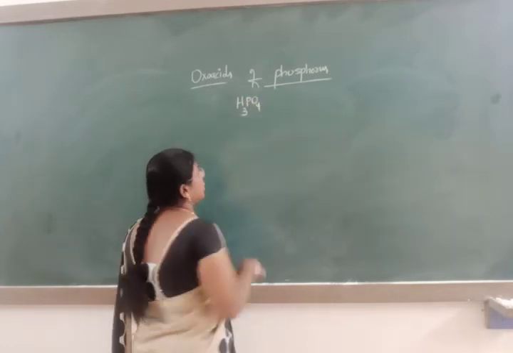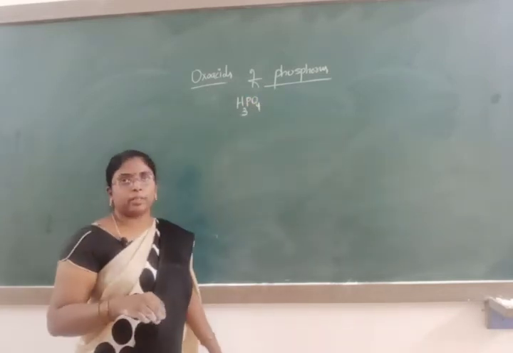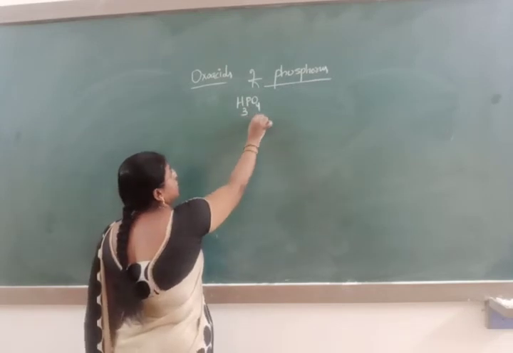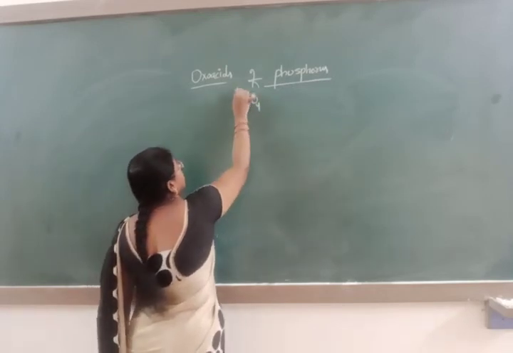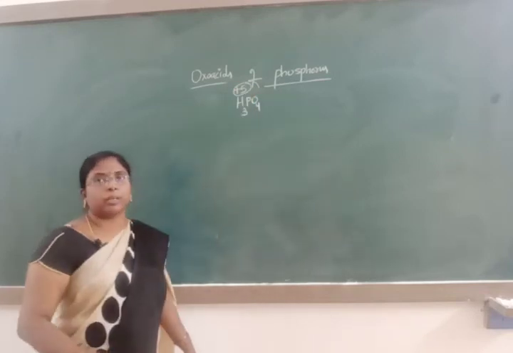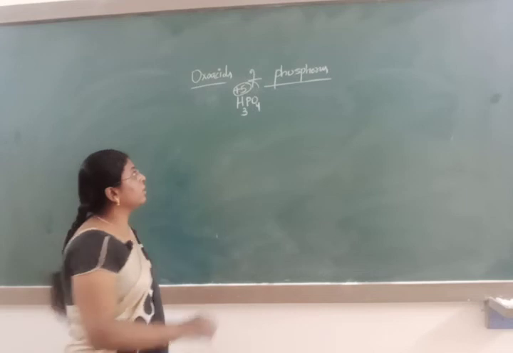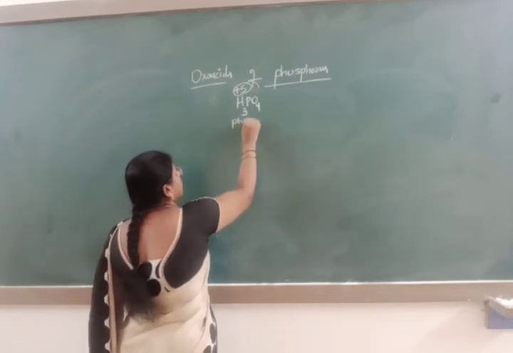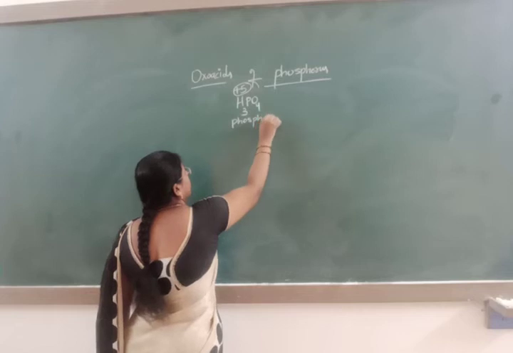Here its oxidation state will be +5. Just now I showed you how to calculate the oxidation state. You can calculate it for all the molecules here. H3PO4 is known as phosphoric acid.